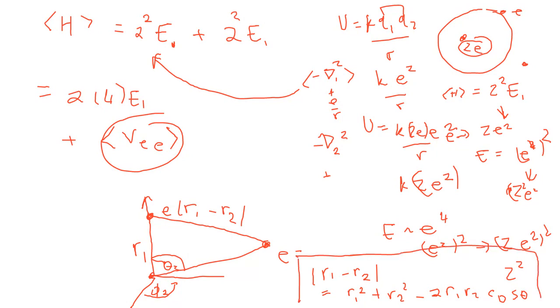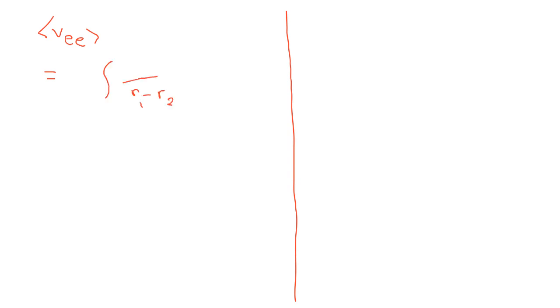So what is the expectation value that we need to compute? Let's go. The only thing left for us to calculate is VEE. The hydrogenic wave functions, I think, might have a factor of 8.